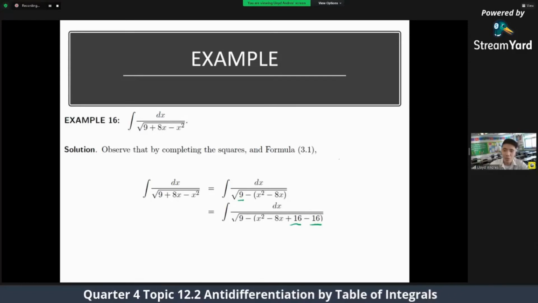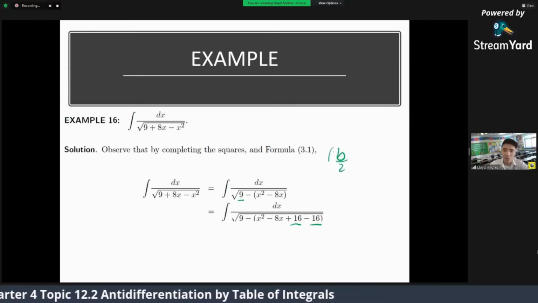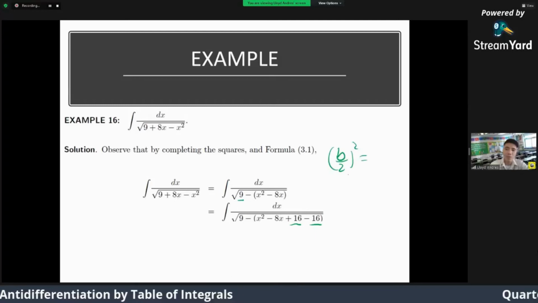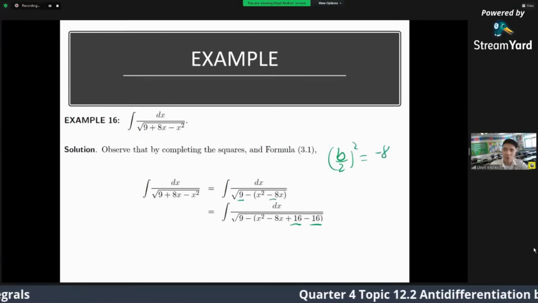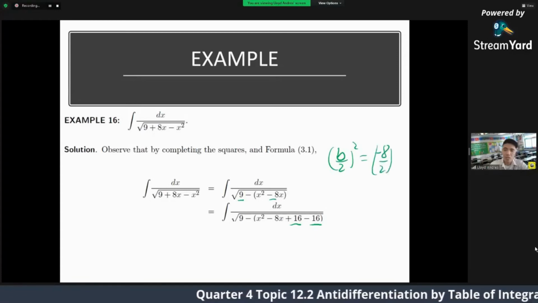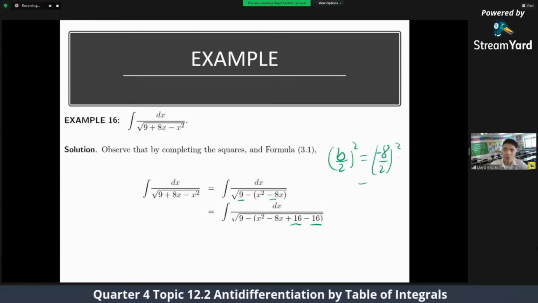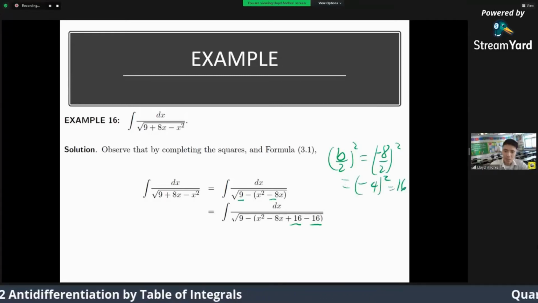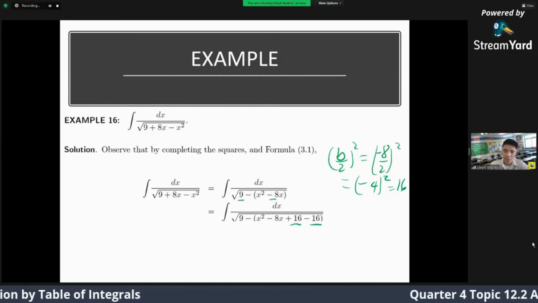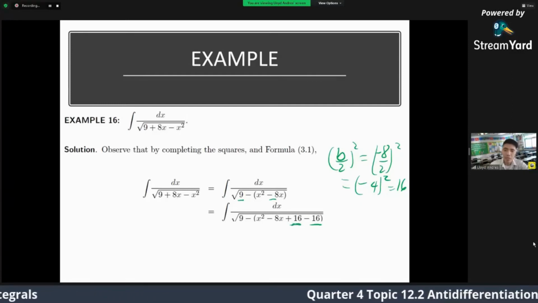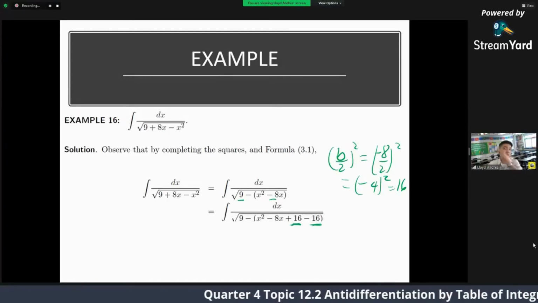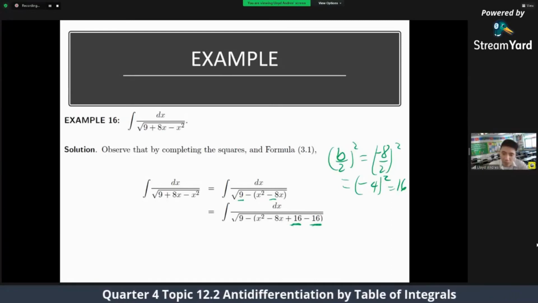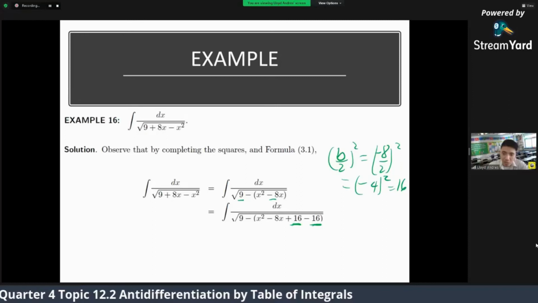Recall tong formula nga b over 2 quantity squared ang perfect square. Ang b nato diri is negative 8 over 2, that's negative 4 squared, kaya 16. Kay para kung isimplify nimo ning plus 16 minus 16, balik gyapon ka sa original.